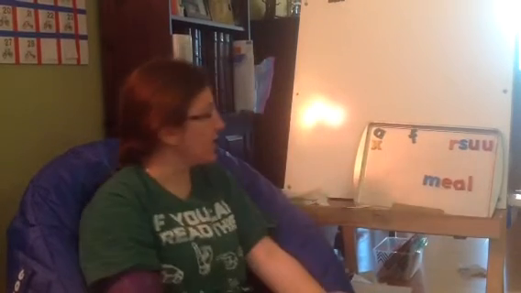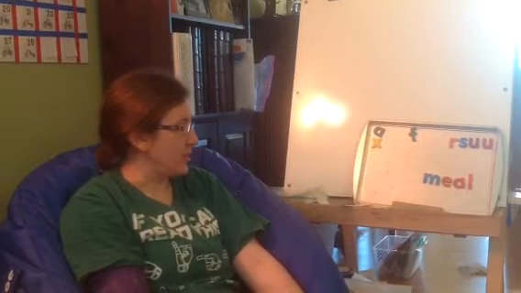Then I'm going to get rid of my X, and I'm going to put my M where the A was. And then I'm going to put the A in here between the E and the L to make the word meal. A meal is something you eat, like you eat a meal at breakfast, you eat a meal at lunch, and you eat a meal at dinner. If you don't have meal, add it to your list.